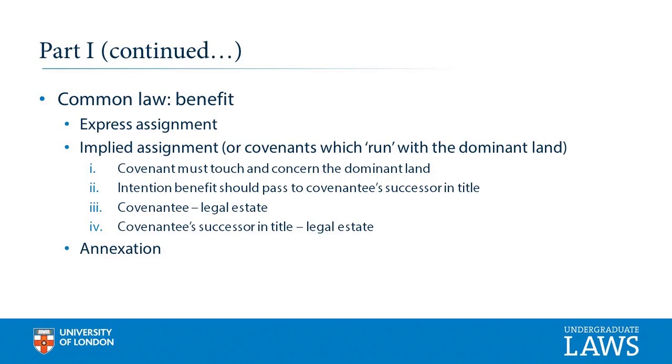The third requirement for a covenant to run with the dominant land is that the covenantee must have a legal estate in the dominant land. And the fourth requirement is that the covenantee's successor in title must have a legal estate in the dominant land, but not necessarily the same estate as the covenantee.